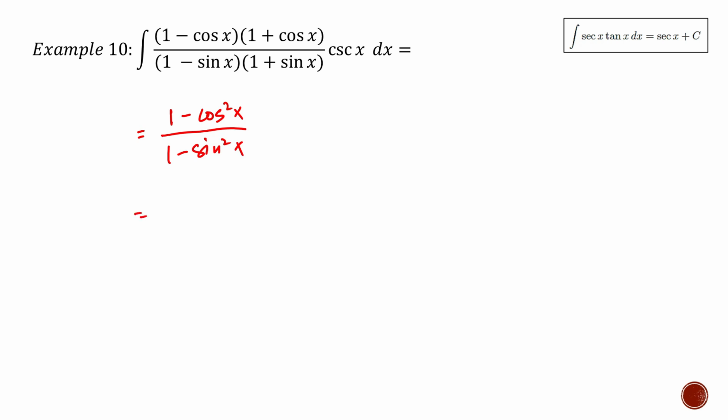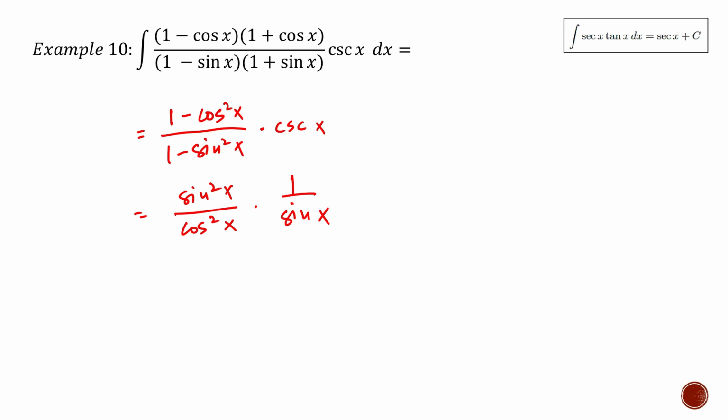And of course we know that 1 minus cosine square x is just sine square x, and this is cosine square x. So minus, let's do this, 1 over sine x.